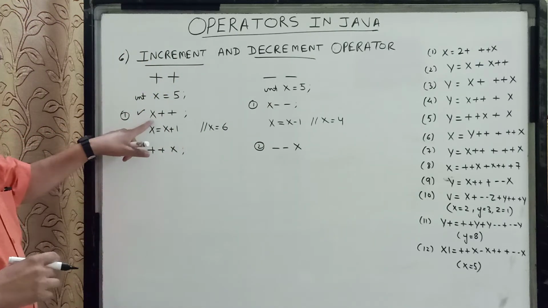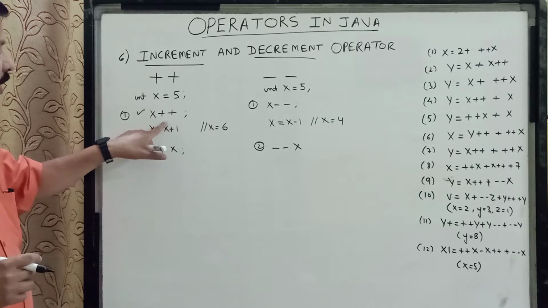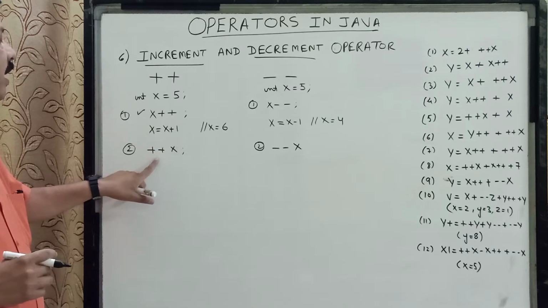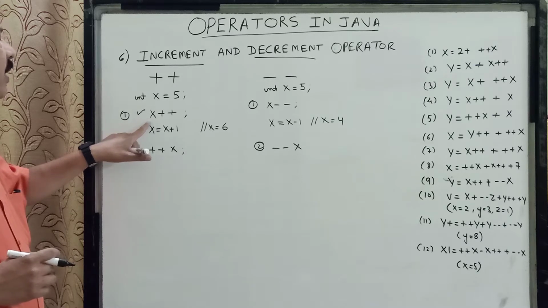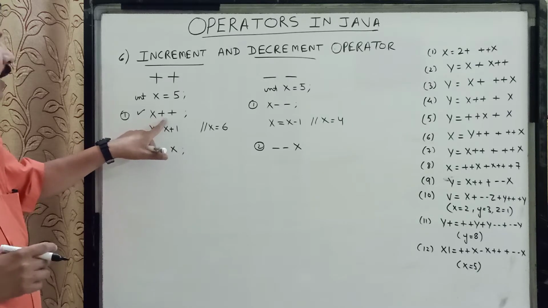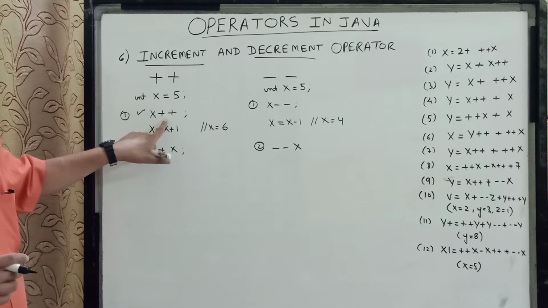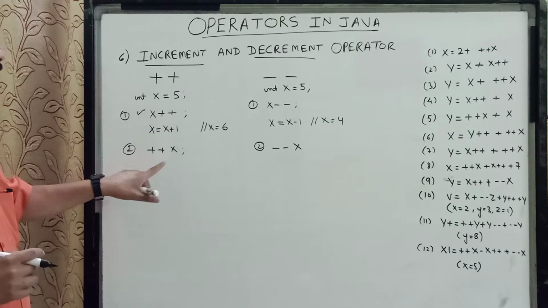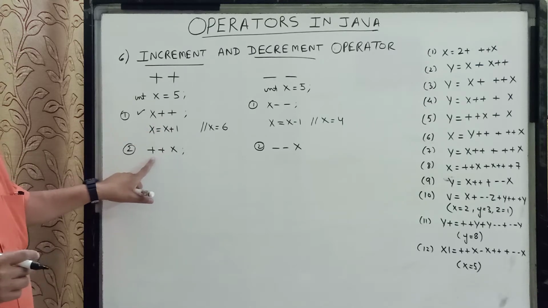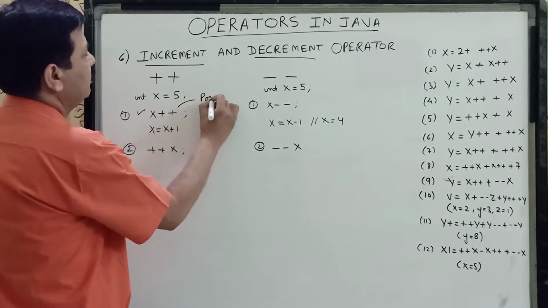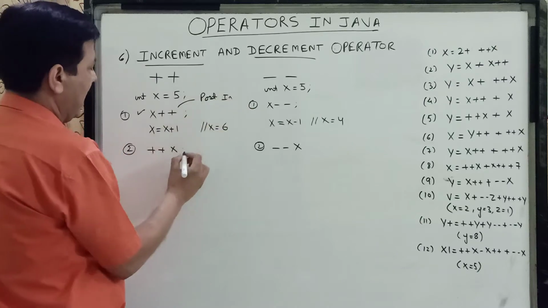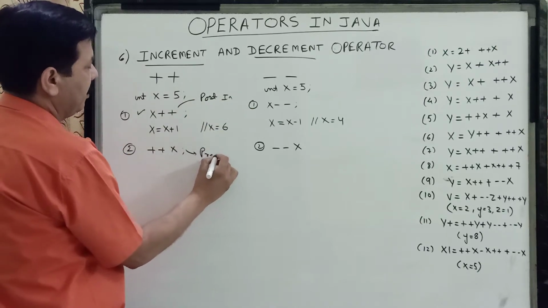Here I have used the increment operator after the operand, here I have used the increment operator before the operand. Now when I use the increment operator after, it is called the post increment operator, and if I use it before an operand, it will be called pre. So this is called post increment and this is called pre-increment.